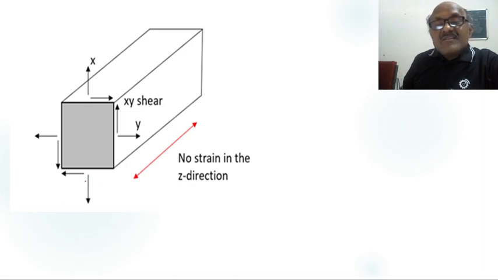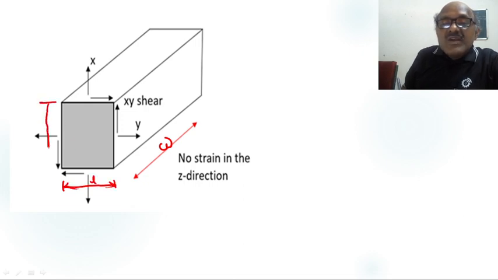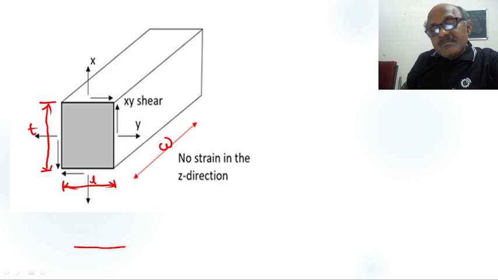Now, this concept I will explain by using a simple example, my dear students. It is a three-dimensional object here. Width of the object is W, length of the object is L, thickness of the object is T. Now I consider this is the x-axis direction, this is the y-axis direction, this is the z-axis direction.